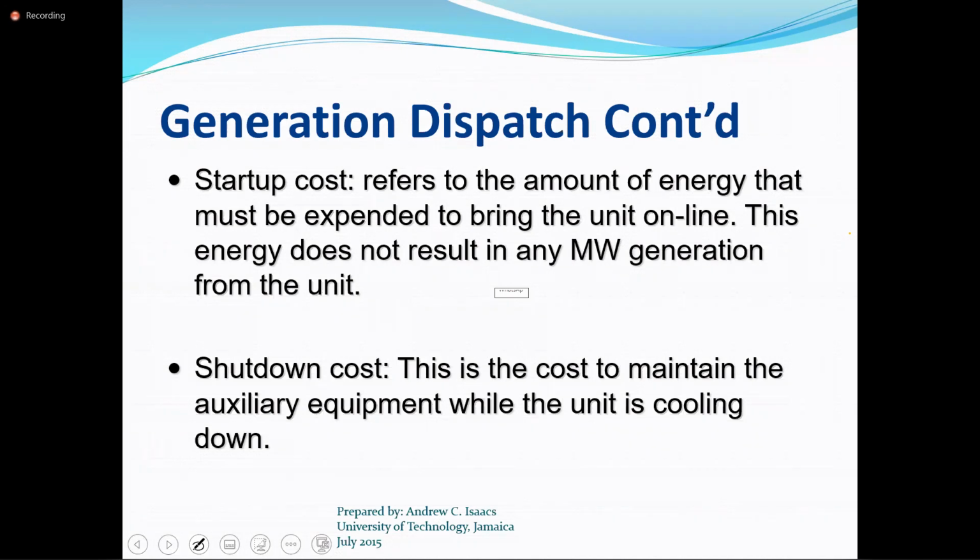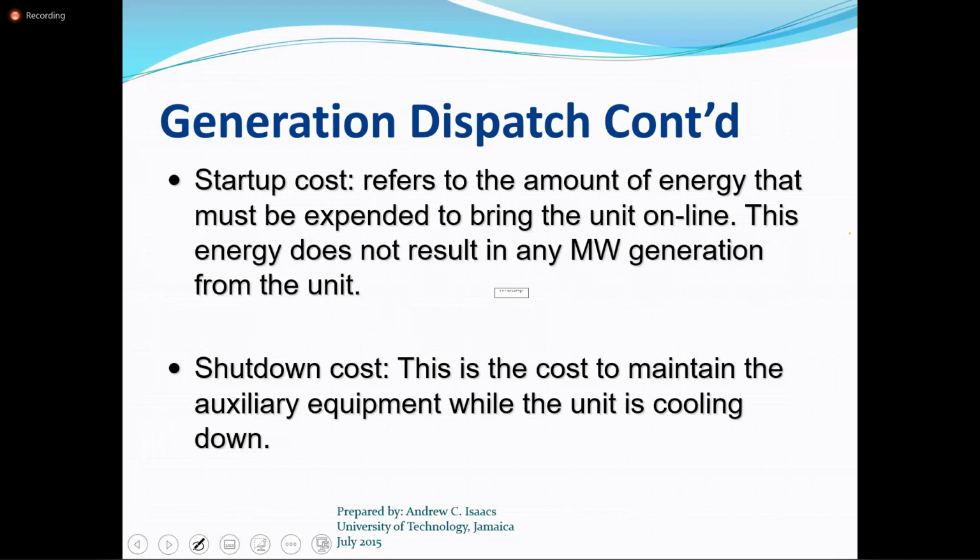Maintain auxiliary equipment while the unit is cooling down. So you are going to be expending energy, because you have to be monitoring the unit while it is cooling down. I used the kettle in our first lecture to illustrate the production of steam, but we can't just take the kettle off the fire and put it down.